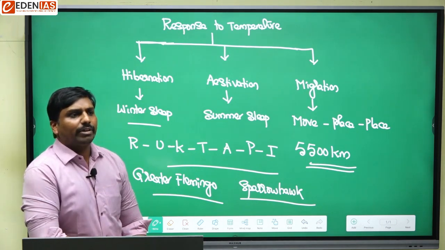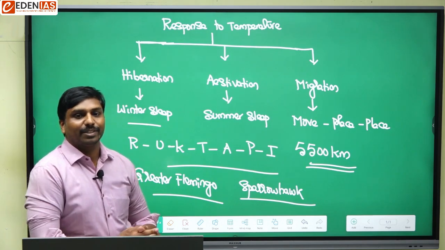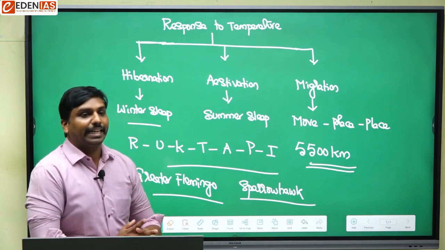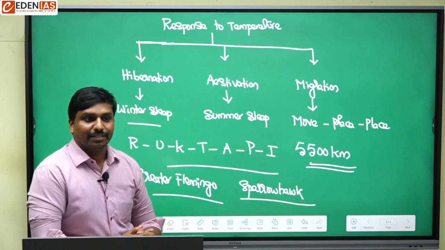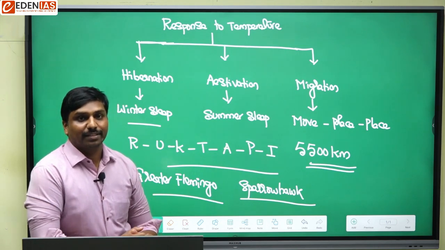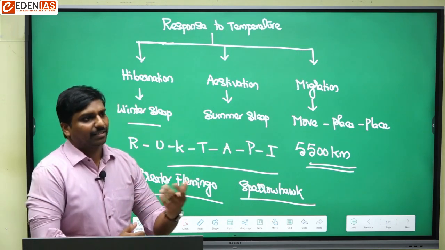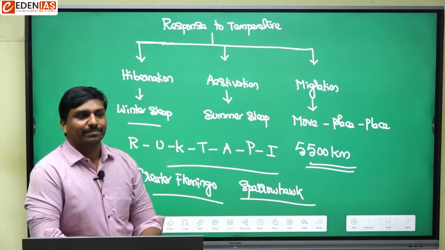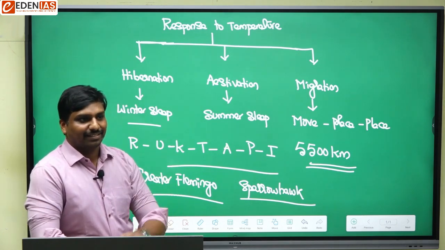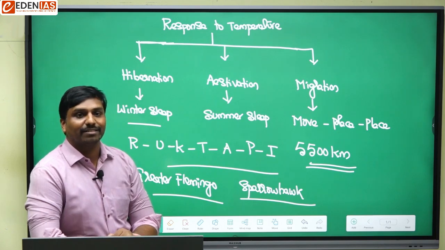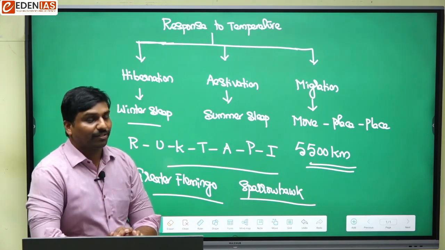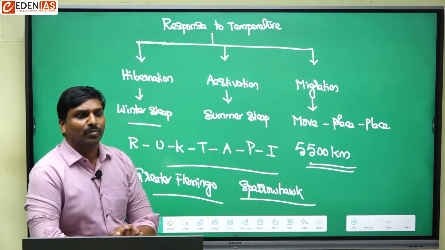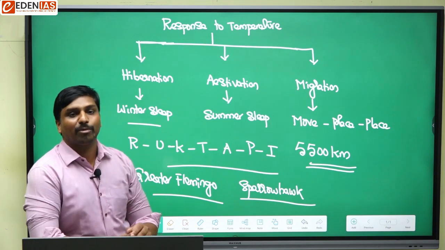So can you name any metabolic activities of living organisms? Yes, pulse rate is one metabolic activity. Respiration, digestion, good. All these things are nothing but metabolic activities.